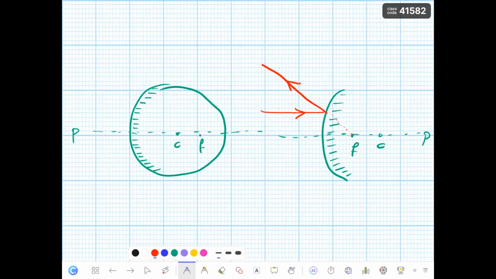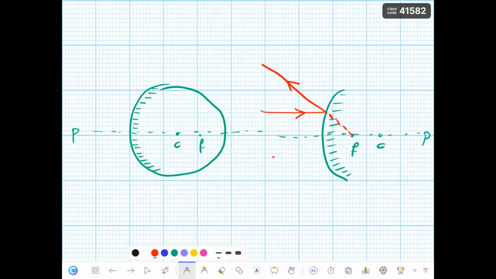You draw the reflected light, but if you extend the reflected light, the extension of the reflected light should pass from the focal.